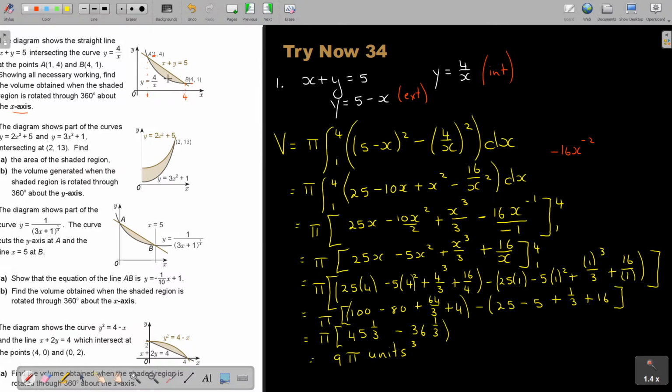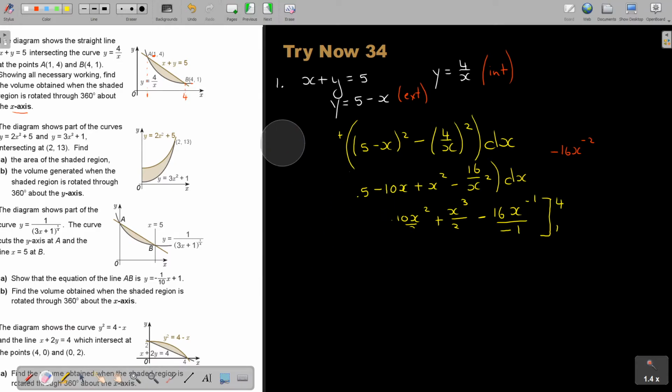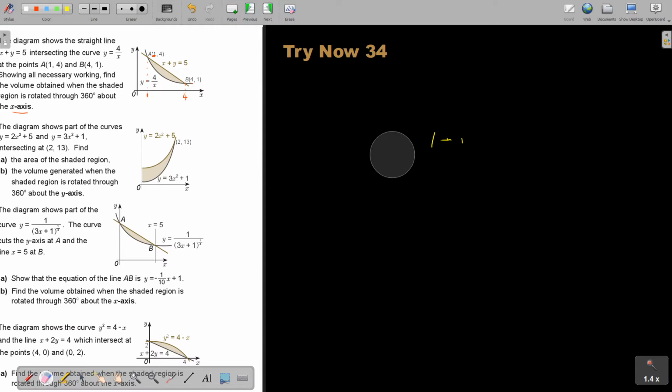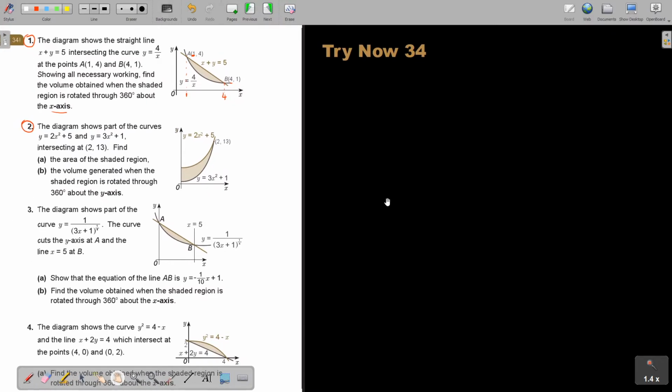That was now towards the x-axis. Now, let's do the next one. Okay, number 2.